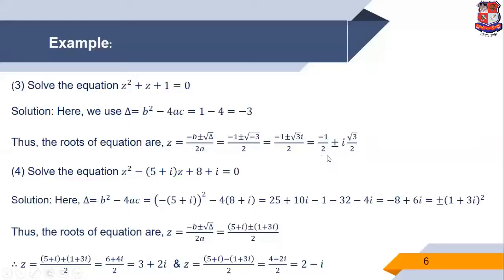So minus 1 by 2 plus or minus i into root 3 by 2. So if any complex equation, that means a second degree polynomial, is given, then we use the delta method, and then we use the formula z is equal to minus b plus or minus root delta upon 2a. And using this formula, we find the roots of the equation.